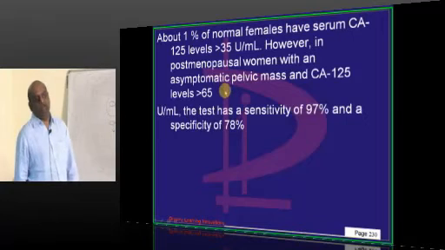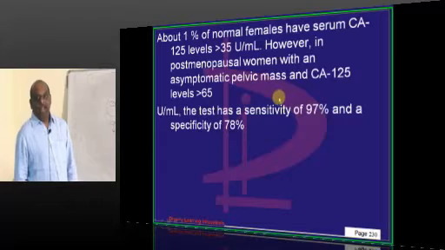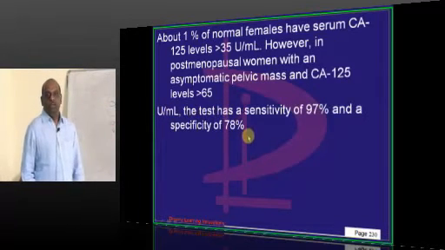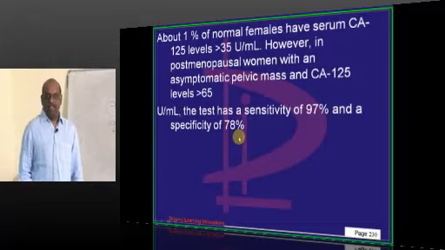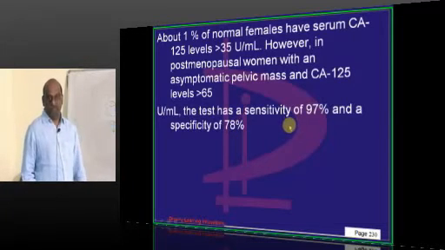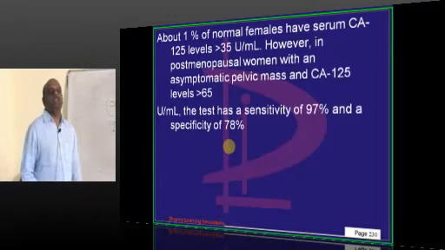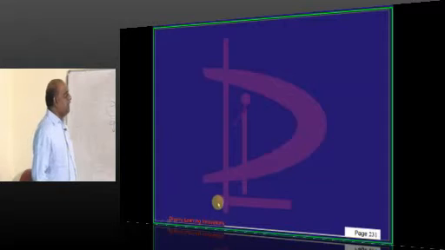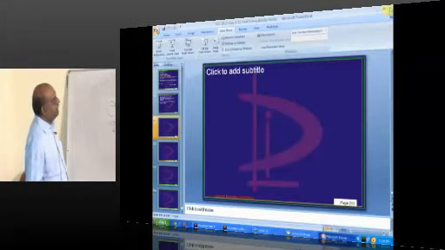If there is a post-menopausal woman, not pre-menopausal, and she has an asymptomatic pelvic mass, and if her CA 125 levels are found to be more than 65, then you should worry about a possibility of a malignancy. It has got a sensitivity of about 97%. So, in post-menopausal women it is indicative, in pre-menopausal women it is not much important to be worried about. So, that is the story of the first 50 questions.